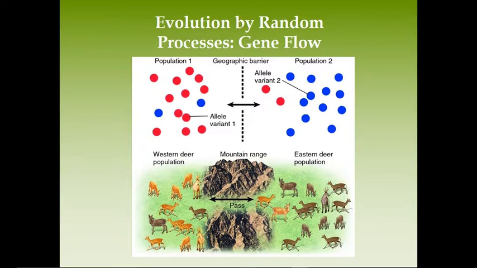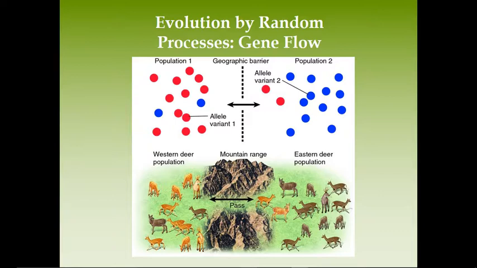Gene flow, individuals somehow move from one population to another, however that be. Like I said, through a pass, and you can see that in the diagram, or natural disaster, whatever. Changing the genetic composition of both populations.